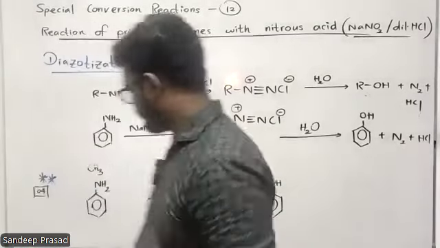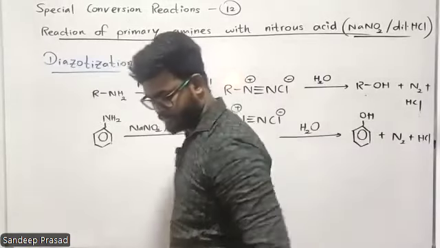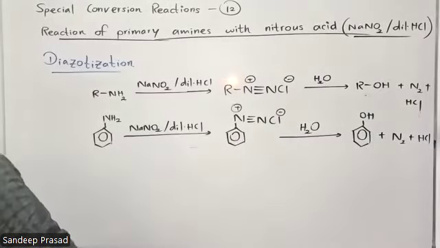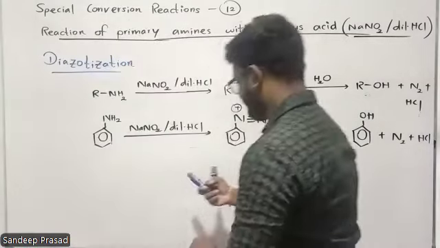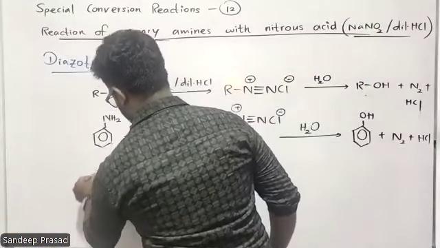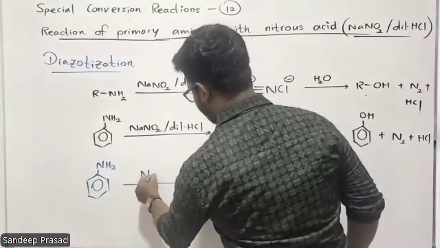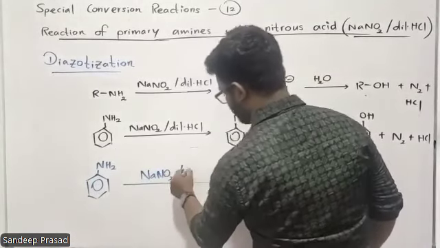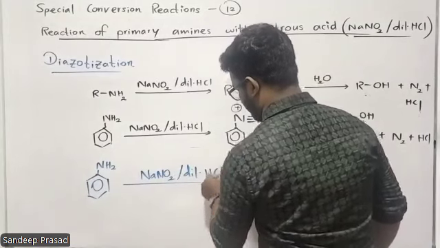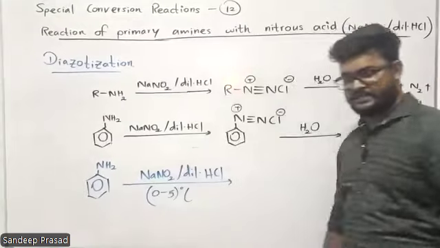In that reaction, look at this one. Let me consider this reaction. We can stop this reaction at the diazonium salt stage by maintaining the temperature from 0 to 5 degrees Celsius.